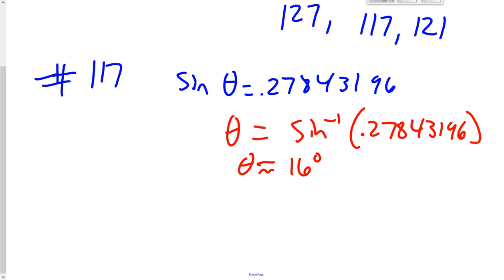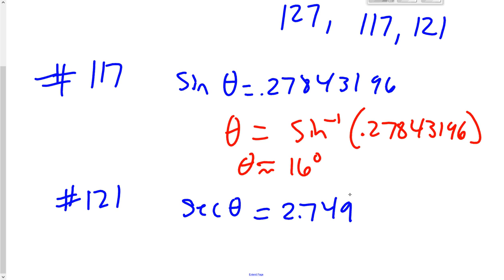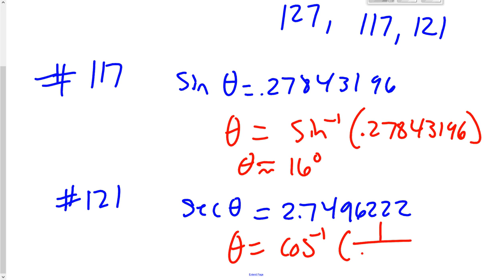All right, and then on number 121, we're finding secant, so same as the example that we did. So try to do this one on your own. Okay, so here we're finding our angle. This time we have to take cosine inverse of 1 over that answer, right?